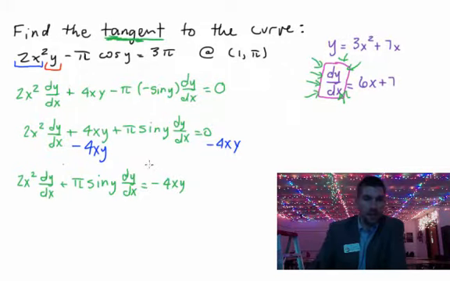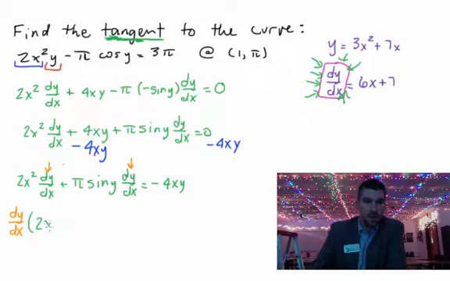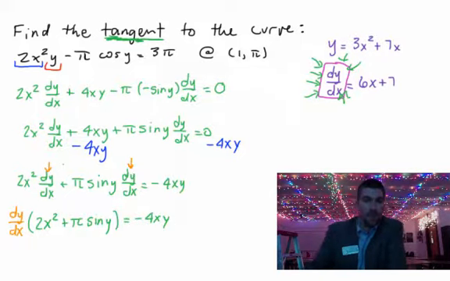And then look at this: right here and right here, dy/dx's. Factor them out. And when you do that, that's going to leave you with 2x squared plus pi sine y, all times dy/dx, equals negative 4xy.